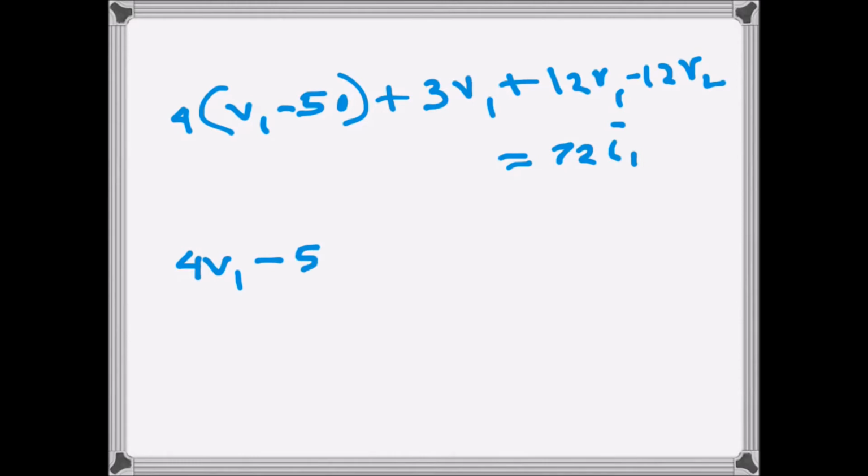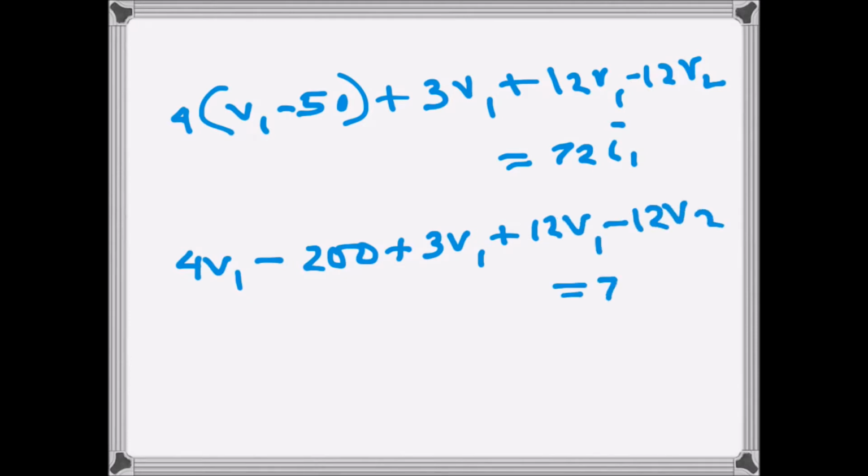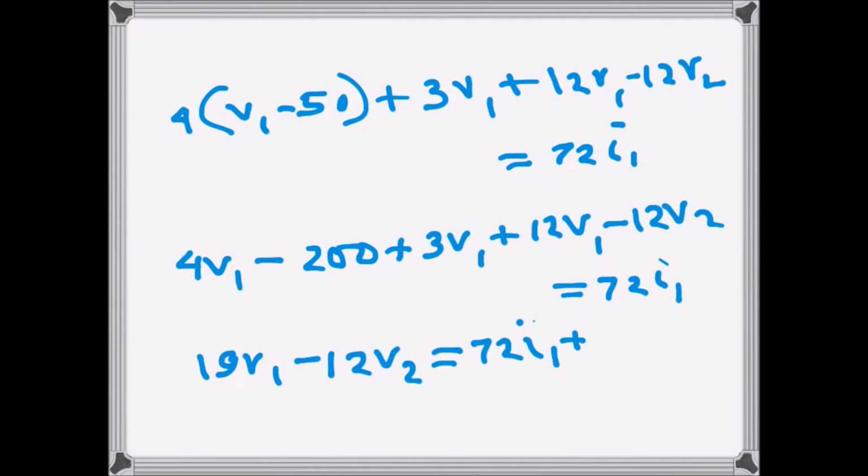Once we get rid of the brackets, this is 200, and then 3V1 plus 12V1 minus 12V2 equals 72I1. Summing up the like terms, we get 19V1 minus 12V2 equals 72I1 plus 200. So this is our equation 1. Let's leave it like that.